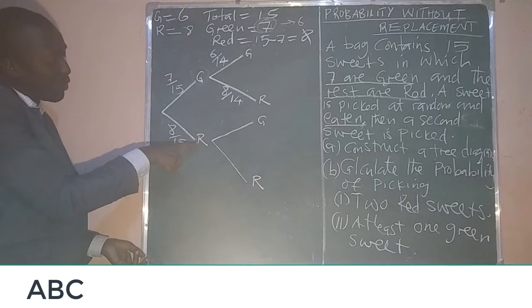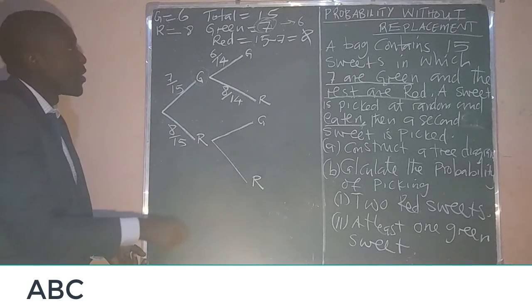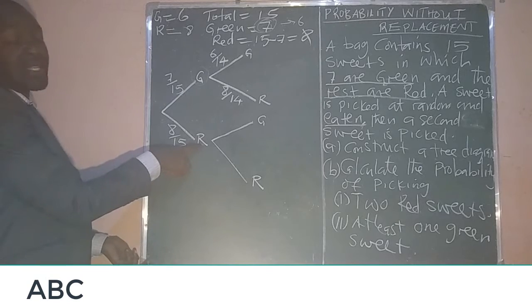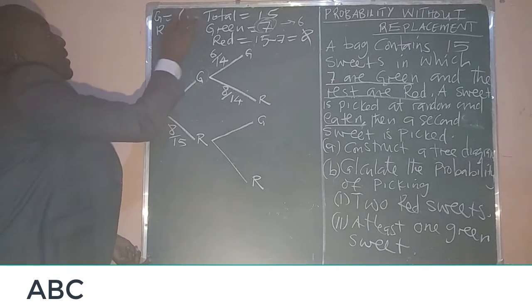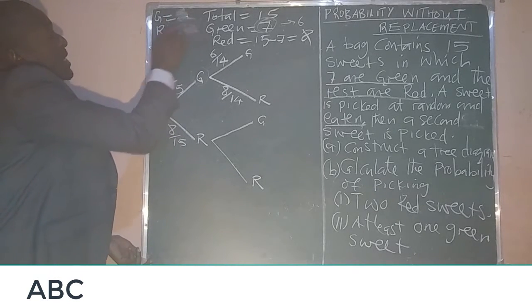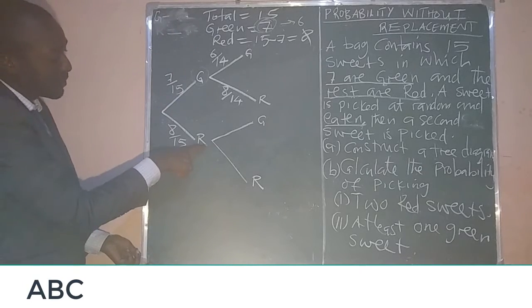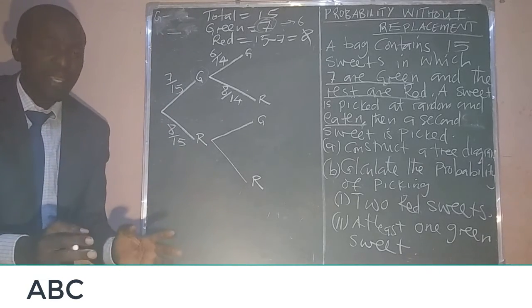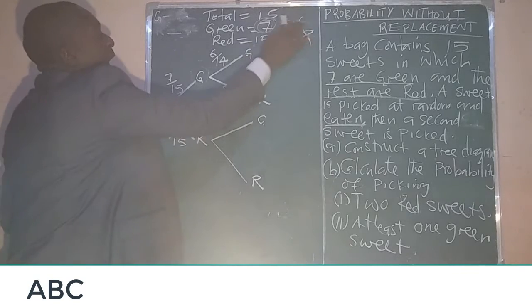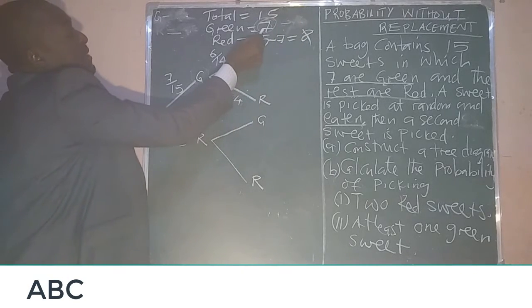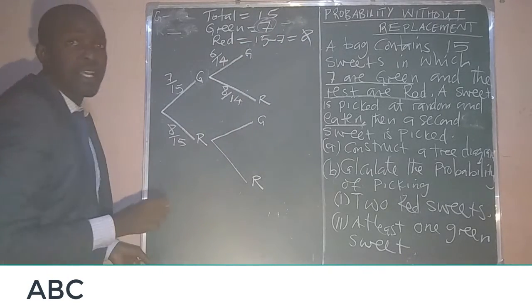So when you come to the next one, you are going to consider red now. We are done with the green one. Imagine you have this bag where you have 7 green and 8 red.